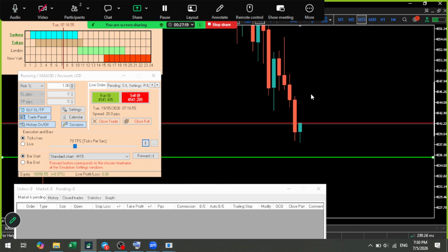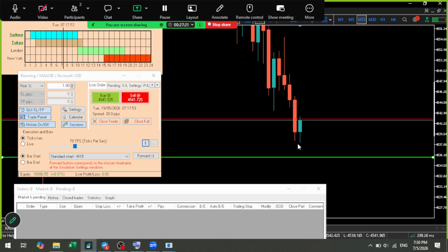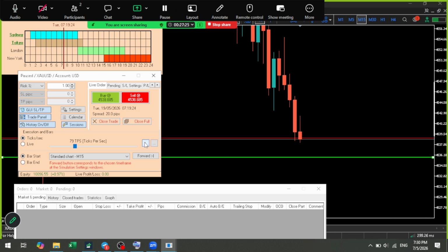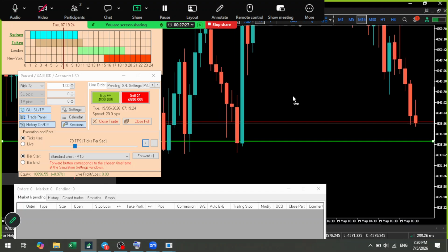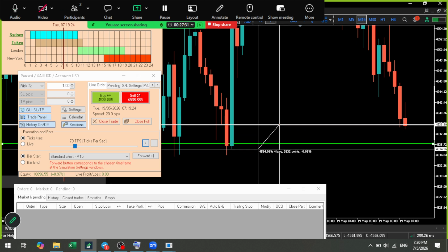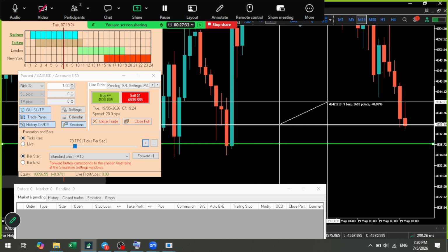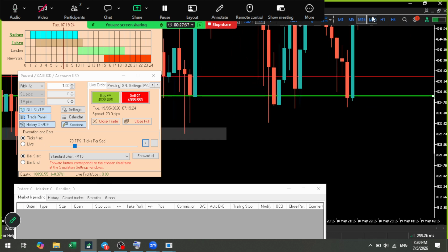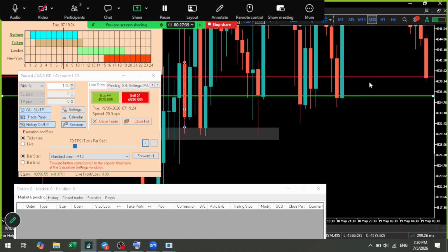On the 15 minute, it broke its low, made its upper wick, and now it is trying to come down. Maybe we should execute a sell, but there is very less clean range, maybe 40. And what is this? 36. Barely a 1-to-1 risk to reward.